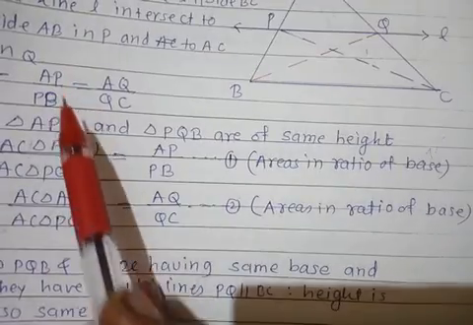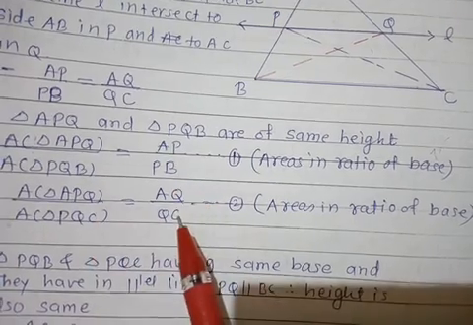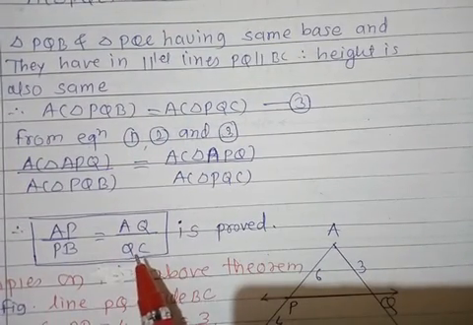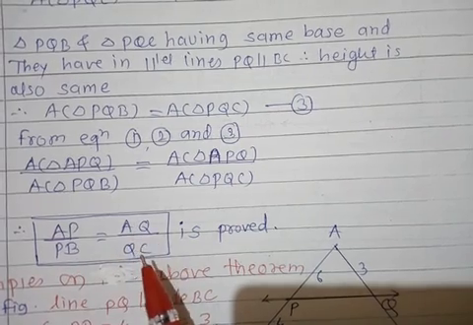So LHS is the same and RHS is the same. Therefore, AP by PB equals AQ by QC. This is proved. You have to prove that.